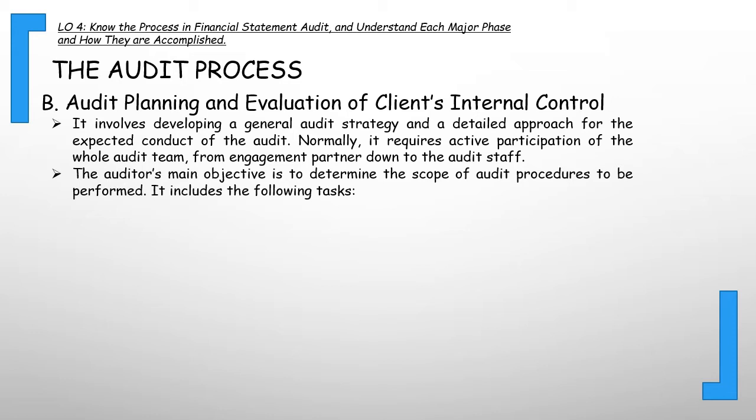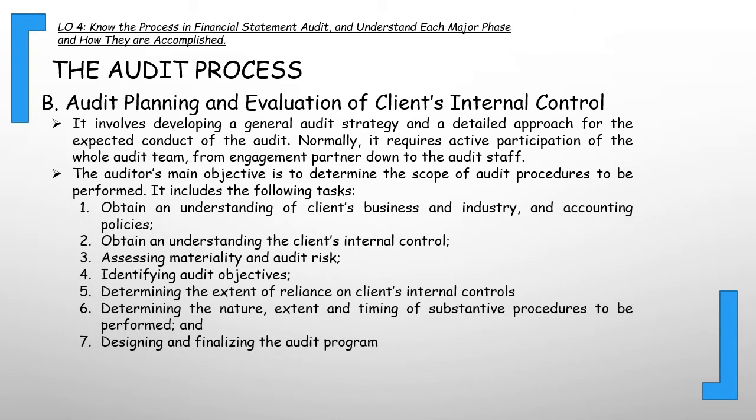It includes the following tasks: obtain an understanding of client's business and industry and accounting policies, obtain an understanding of the client's internal control, assessing materiality and audit risk, identifying audit objectives, determining the extent of reliance on client's internal controls, determining the nature, extent, and timing of substantive procedures to be performed, and designing and finalizing the audit program.